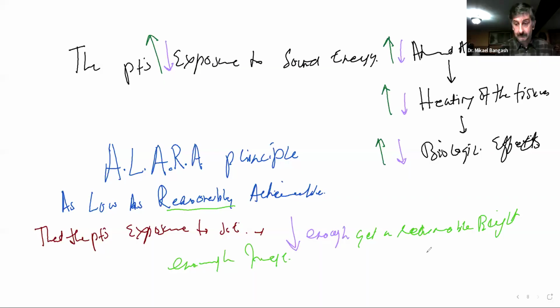So now we have all the pieces of the puzzle. So we had power output versus receiver gain.